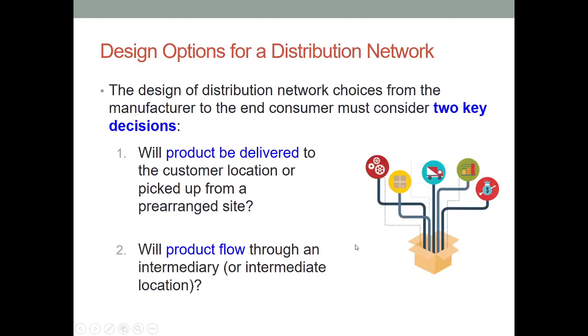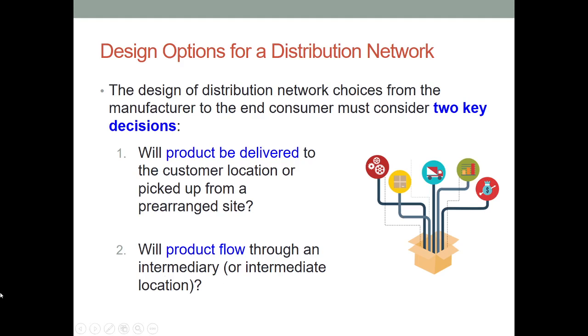Okay, next class, we are going to explore more on the distribution network, the options of the distribution network. There are a few categories of the distribution network, but before the company or the manufacturer chooses the distribution network, they must consider these two decisions.